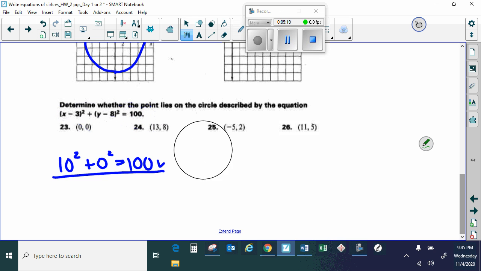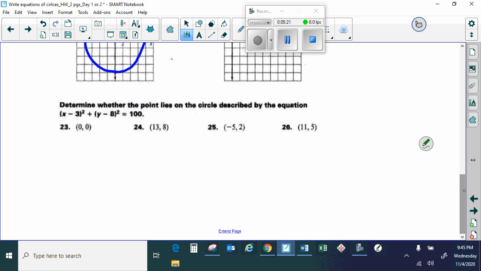Let me erase this so you can see it better. I had this on one of your review problems for the semester exam, and you'd see it on the DCAS. I'll put one on again somewhere on the test itself because most of you missed it on that semester exam. It's asking if this point is on the circle.